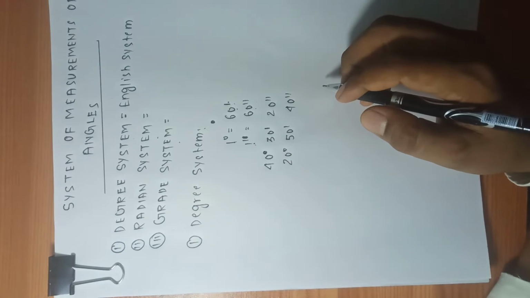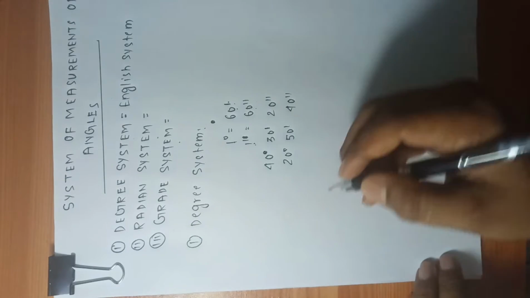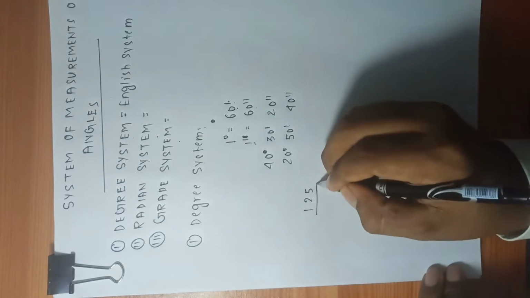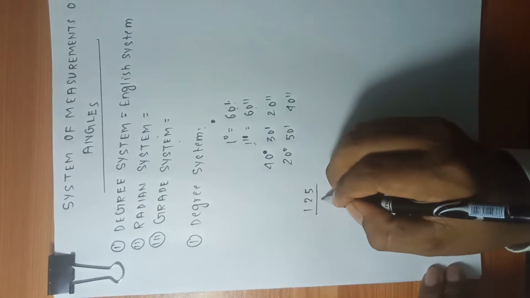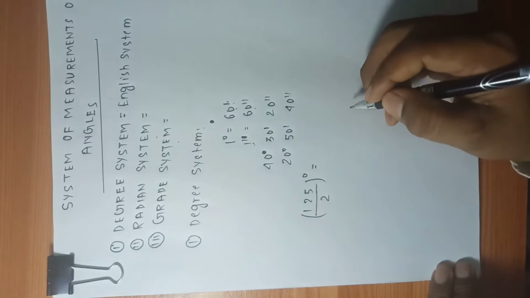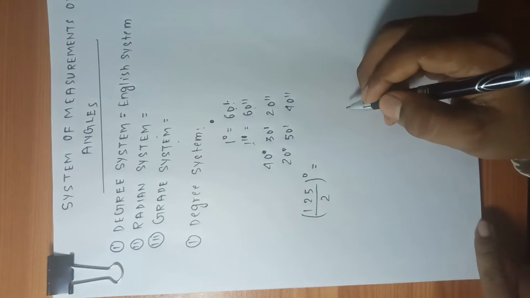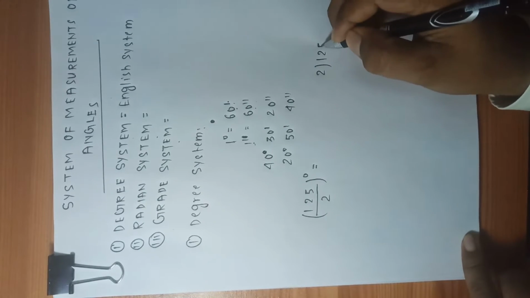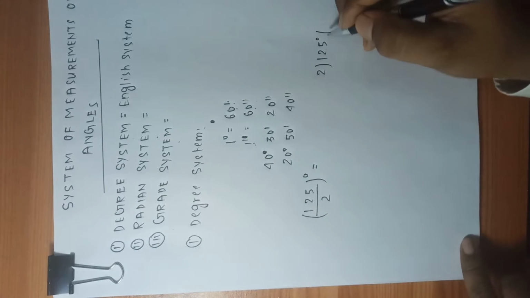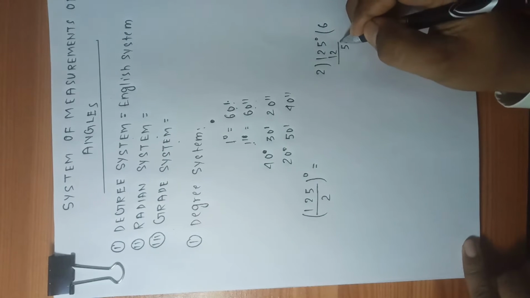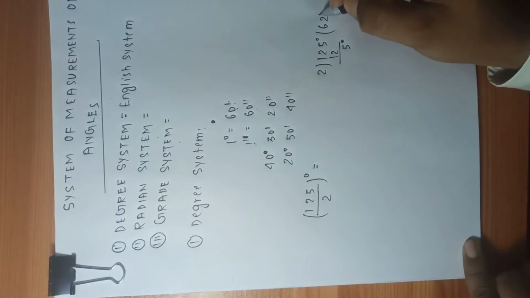Now we are going to explain with an example how we can express an angle in degree, minute and second. Suppose here 125 by 2, that is the degree form. We will have to express it in degree, minute and second. So first we divide 125 degree by 2: 2 sixes are 12, and 2 twos are 4.